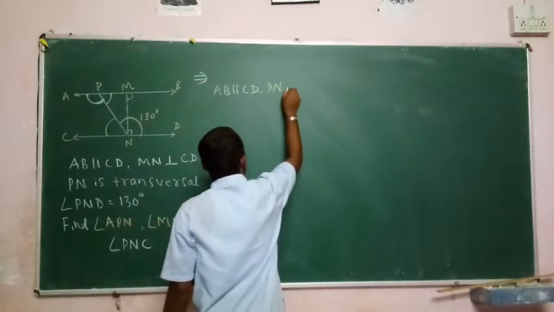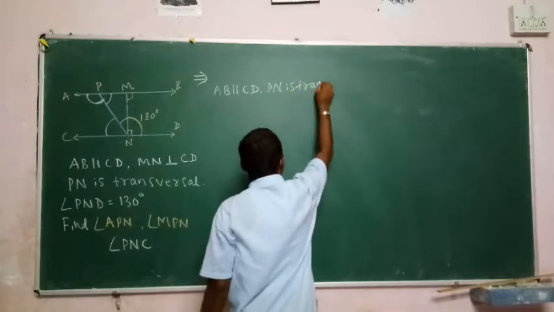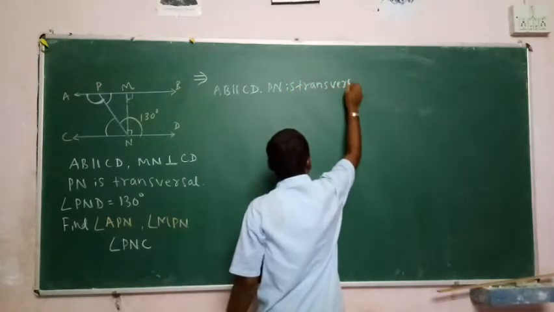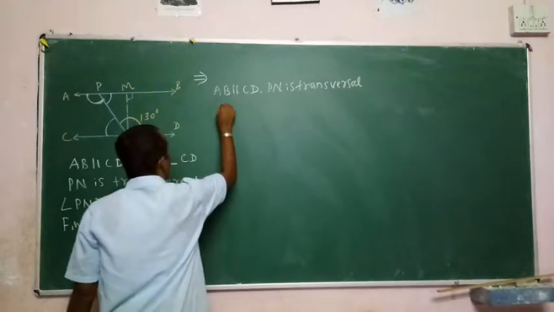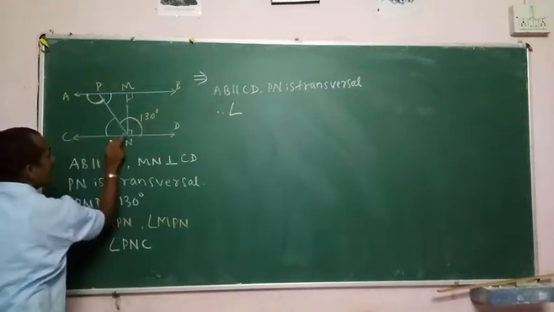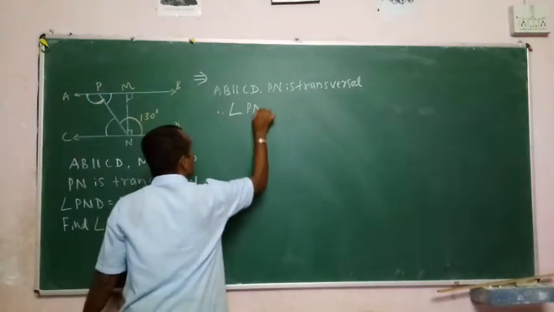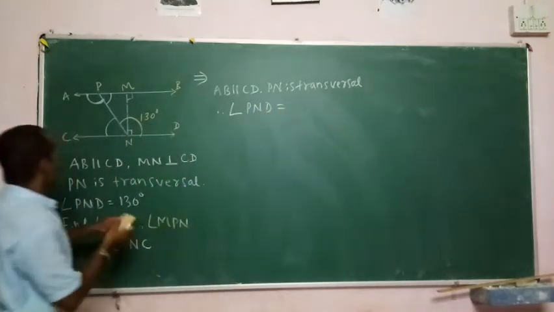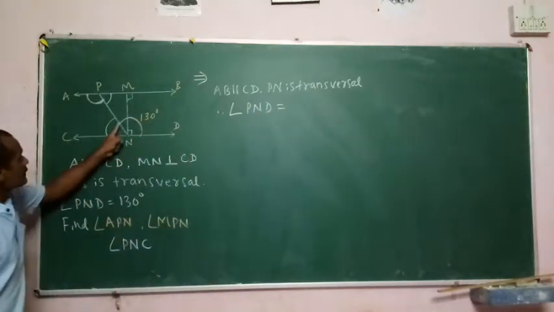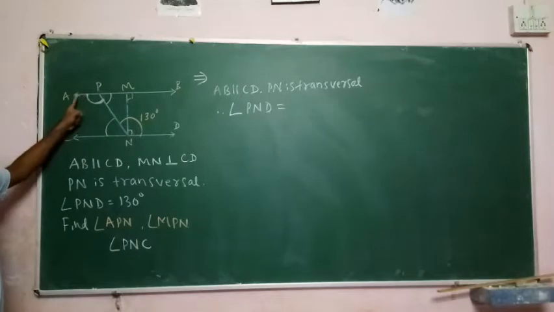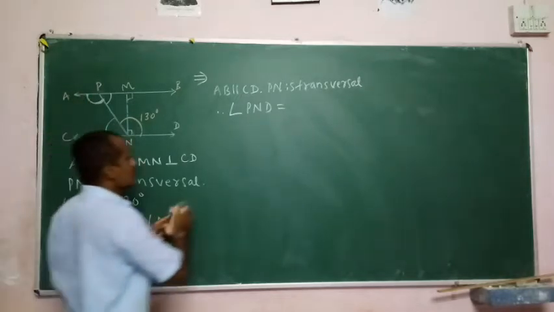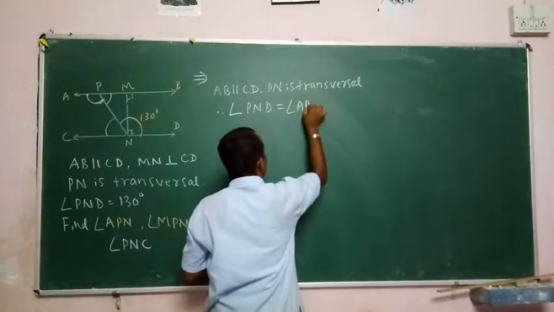PN is a transversal. Therefore, angle PND is equal to angle APN.